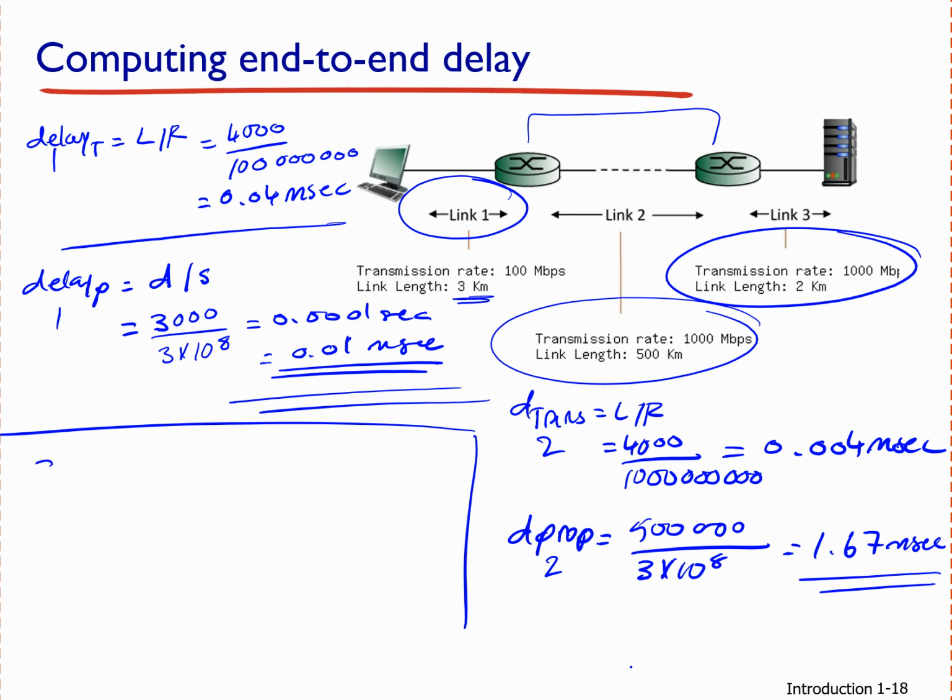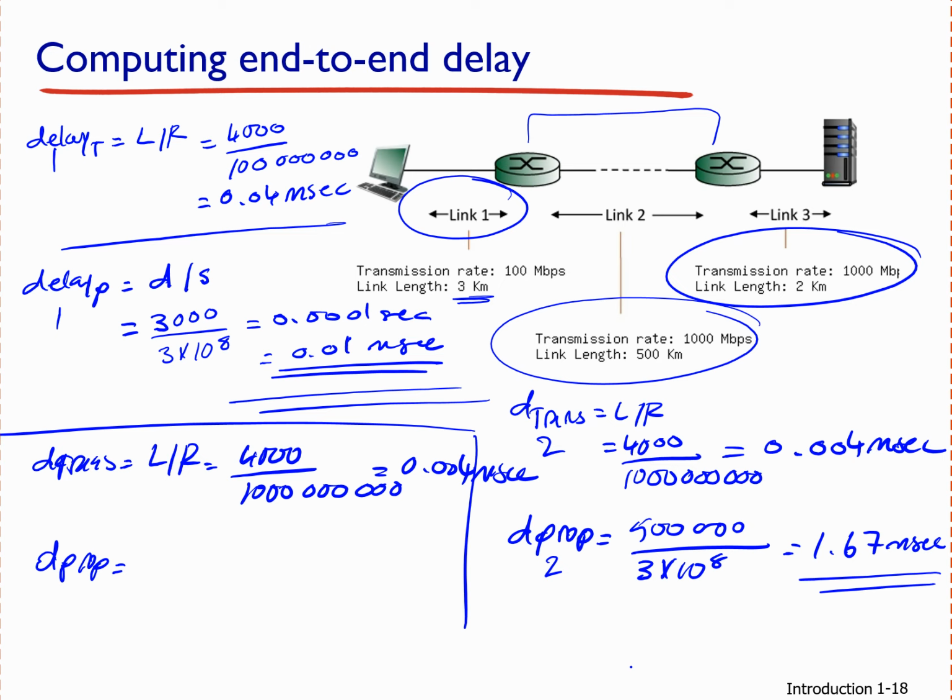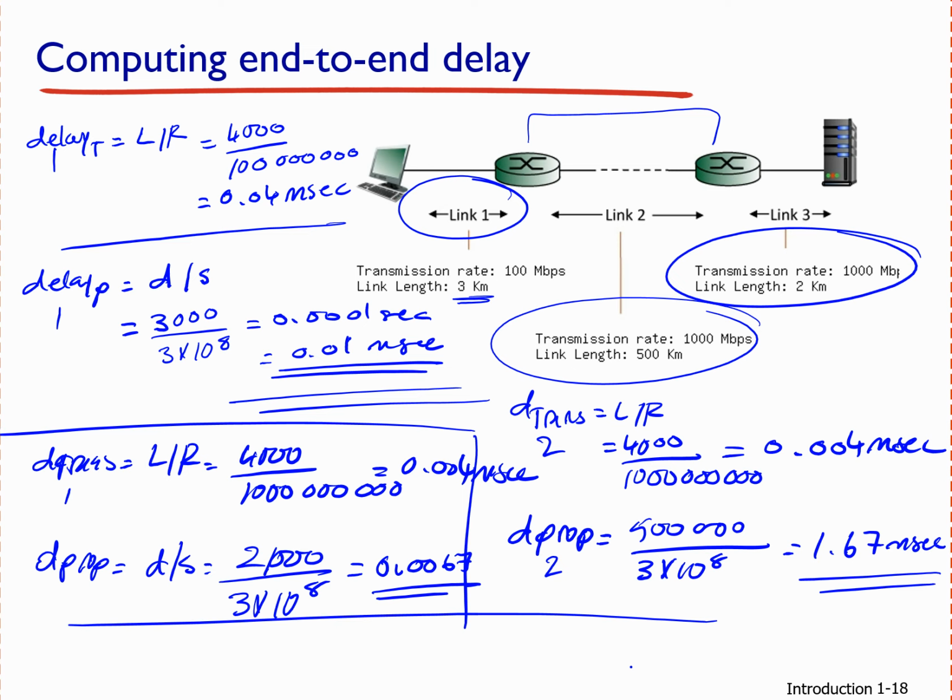Let's say the transmission delay of the third link, which is the same, is L divided by R, which equals 4000 divided by the rate, and that will give you the same value as this one, 0.004 milliseconds. And the propagation delay is equal to distance divided by S, where the distance is 2 kilometers, which is 2000 meters, divided by 3 multiplied by 10 to the power of 8, and that equals 0.00067.